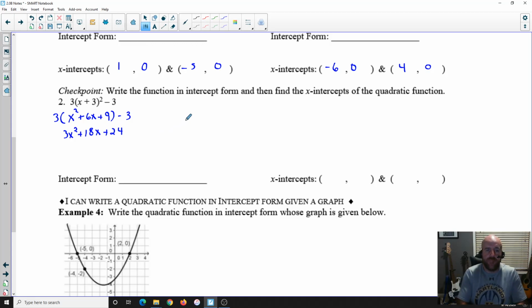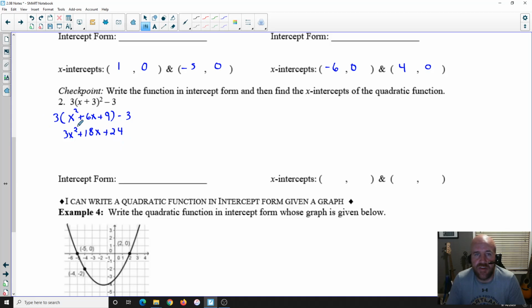All right. So now that we've multiplied by 3 and then we've subtracted 3 at the end, now we can try to factor. Before we factor, we always want to check if there's a greatest common factor. So between 3, 18, and 24, there is a greatest common factor of 3. Now, you're probably asking yourself, why didn't I just keep the 3 out and then do something here? Well, you really can't.